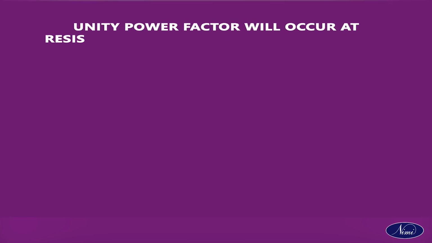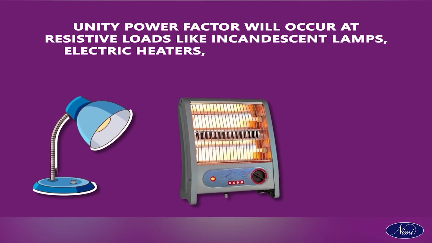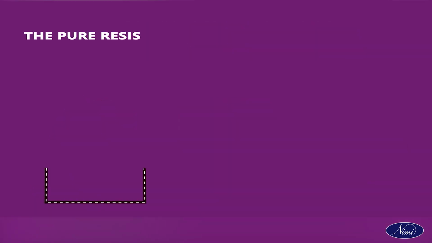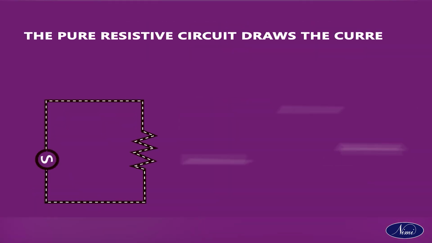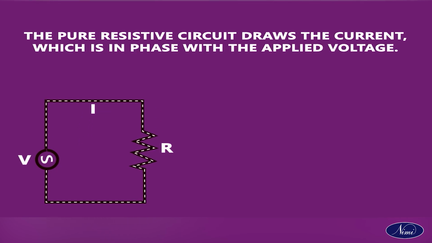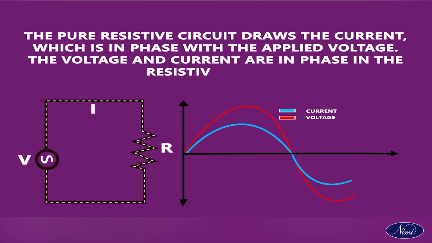Unity power factor will occur at resistive loads like incandescent lamps, electric heaters, electric irons, etc. The pure resistive circuit draws the current which is in phase with the applied voltage. The voltage and current are in phase in the resistive circuit.